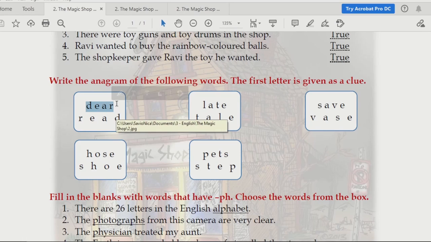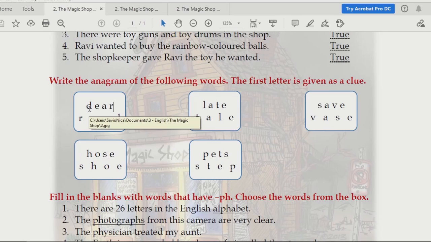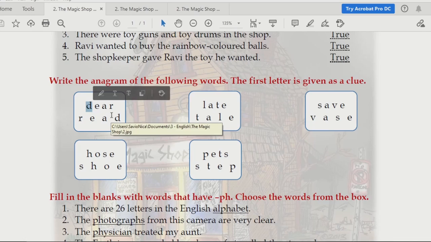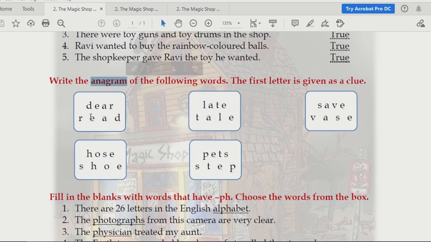Only 4 of these letters. It should not happen that you are repeating a particular letter. For example, if you make a word using the letter D twice, that is not a correct anagram. I hope you understood. DEAR, dear, becomes READ, that is read.